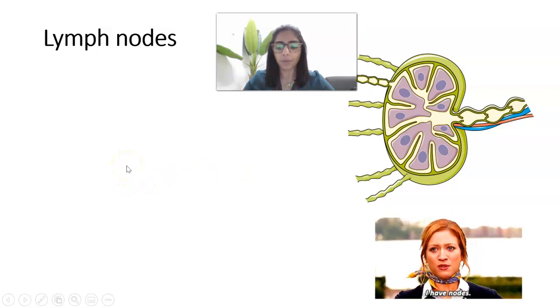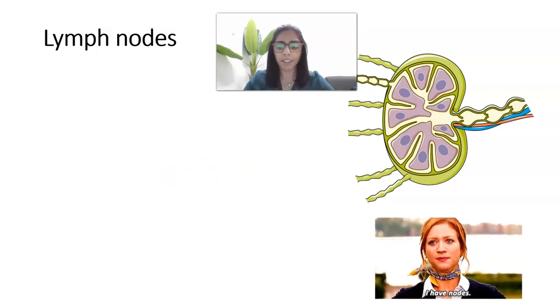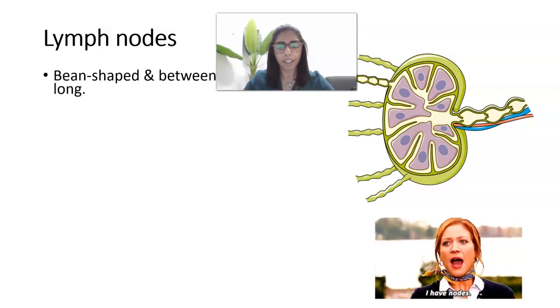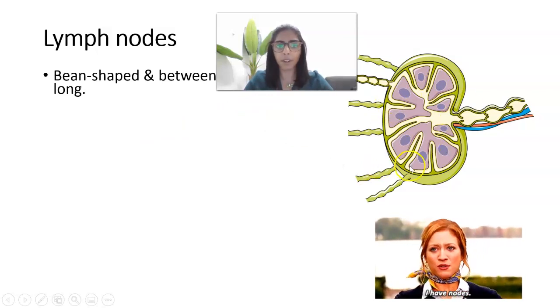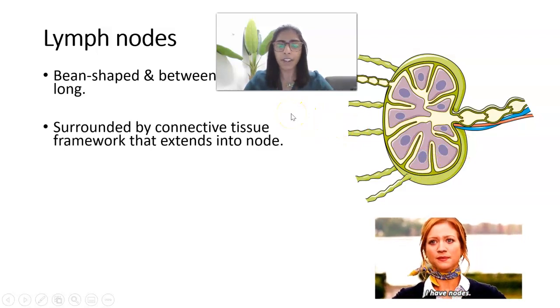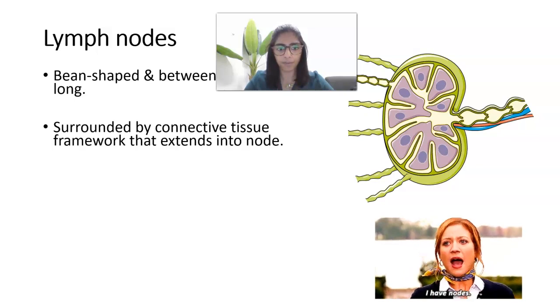Okay, so associated with the lymphatic system, we have lymph vessels and also lymph nodes. Now, lymph nodes look like this here. They're bean-shaped organs between 1 and 25 millimeters long, and they are surrounded by a mesh of connective tissue.